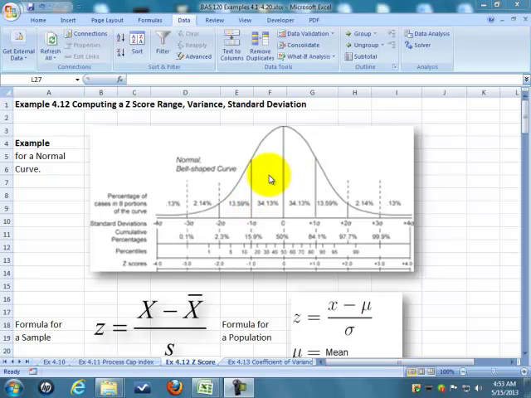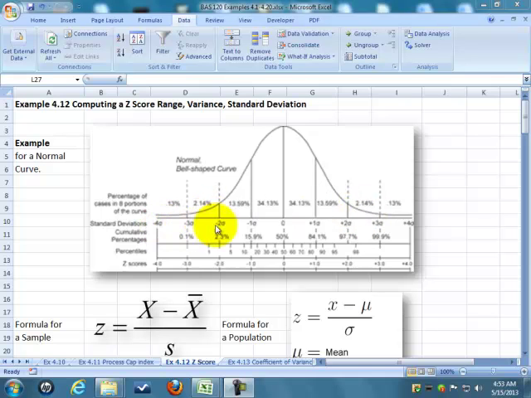So typically they'll say 68% of our data falls within one standard deviation. If I go out to 2 standard deviations, it's another 13 or 14 percent plus the 68. I get close to 95% of my data within there. And within 3 standard deviations, about 99.7%.